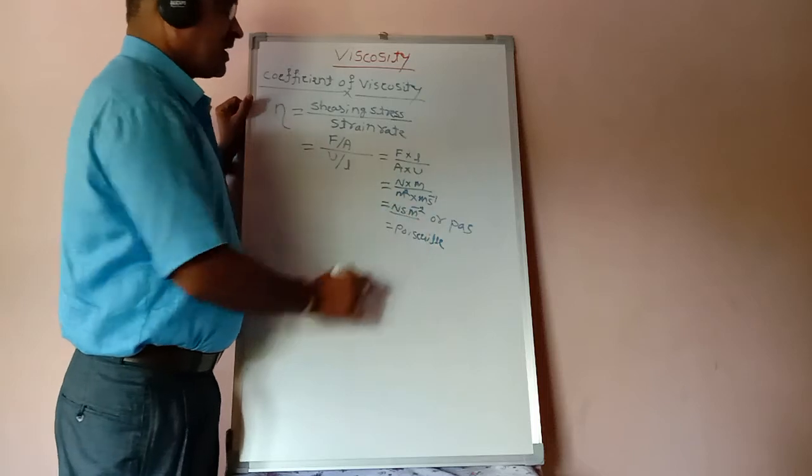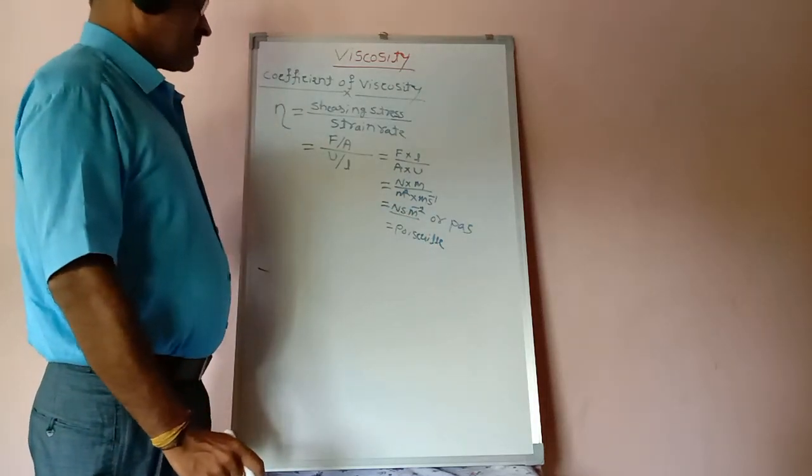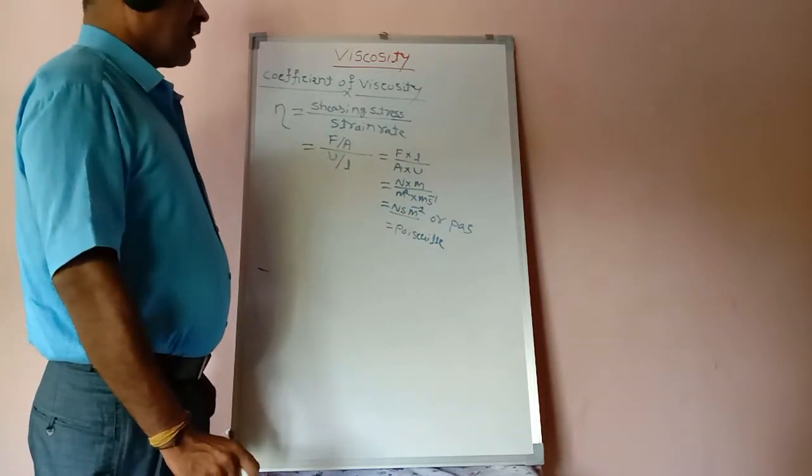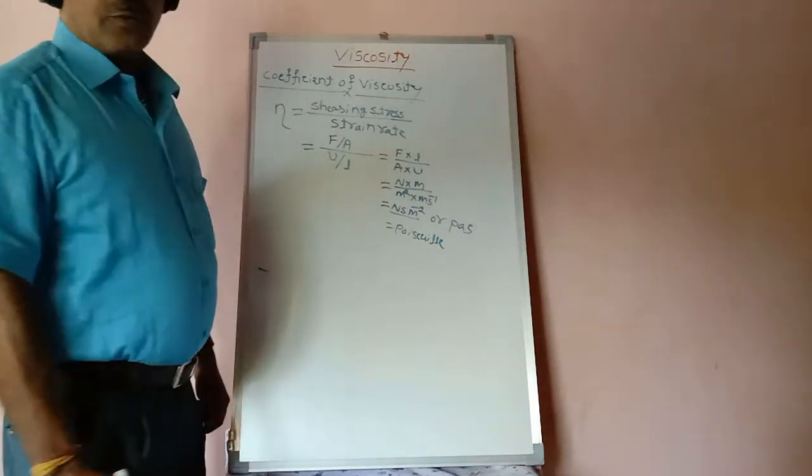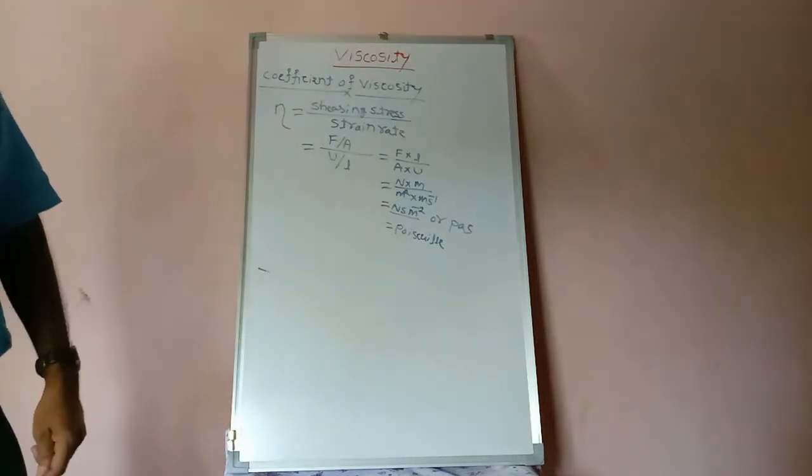It means Newton second per meter square, or Pascal second. This is the unit of the coefficient of viscosity.